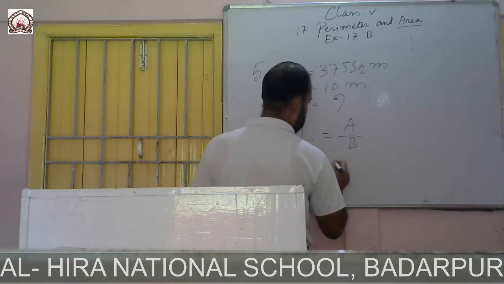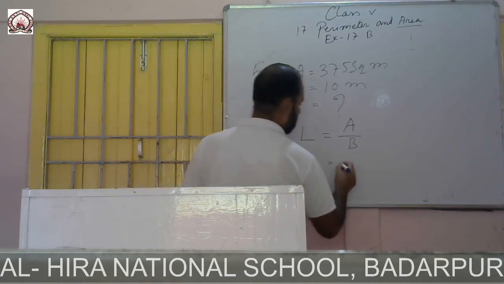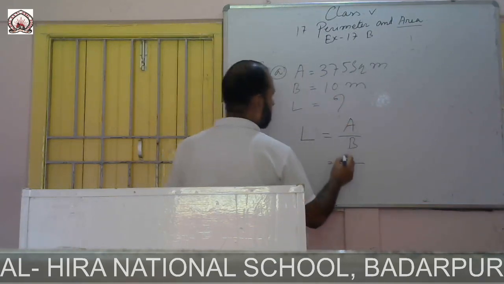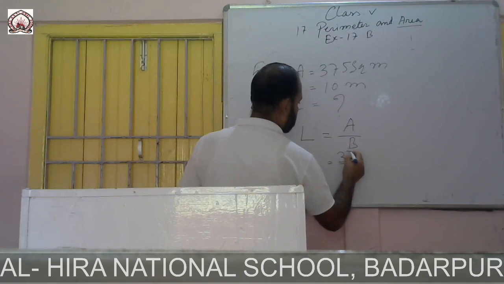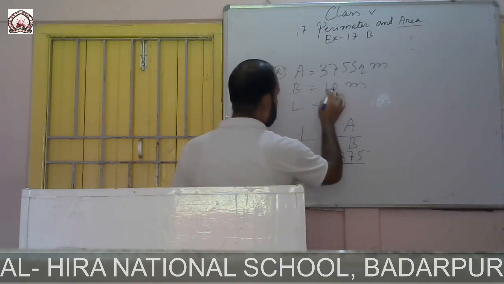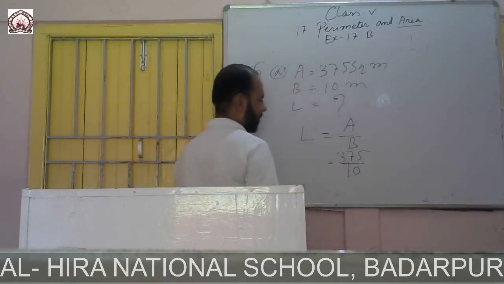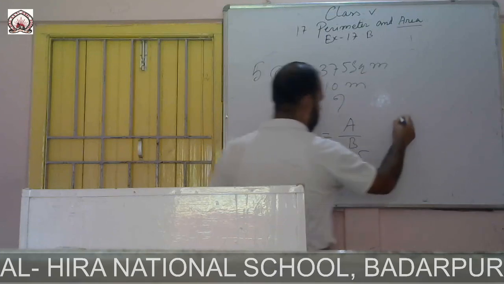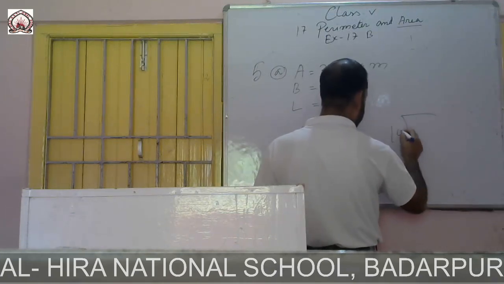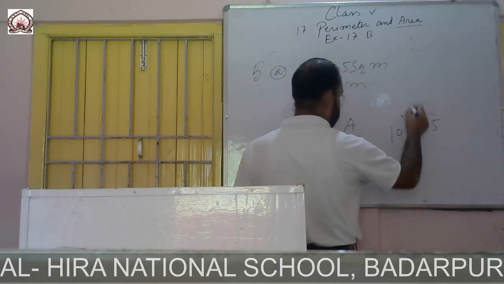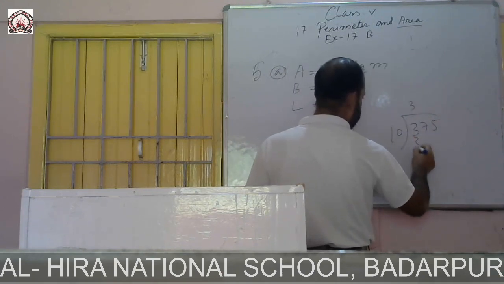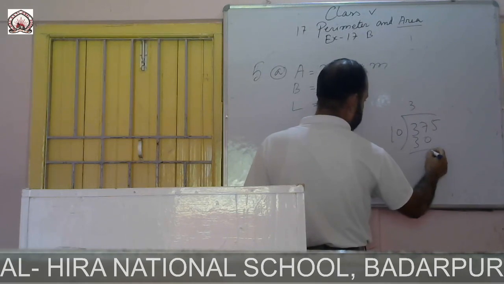So here area equal to 375 and breadth equal to 10. Now we divide 375 by 10. So 10 3s are 30. Here remain 7.